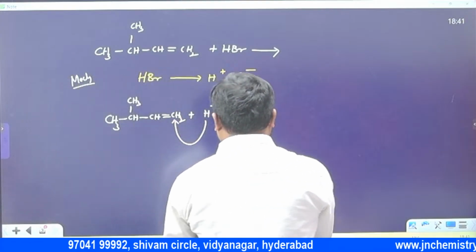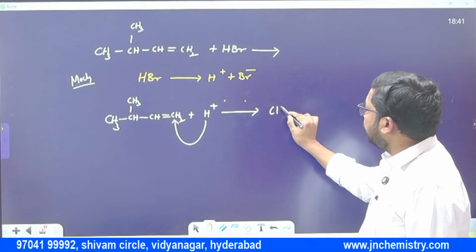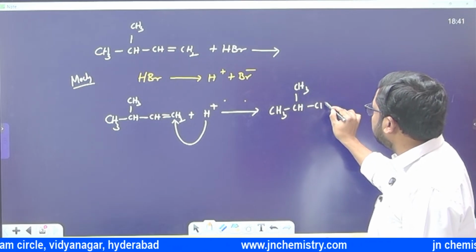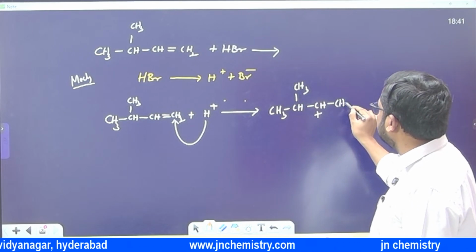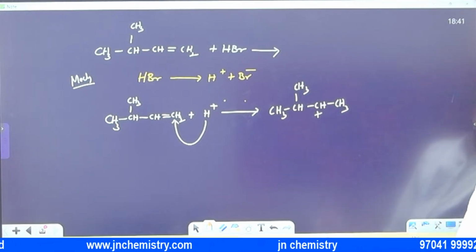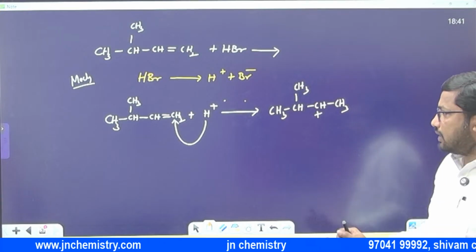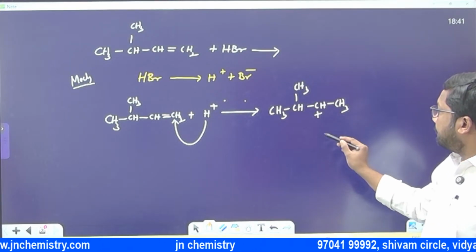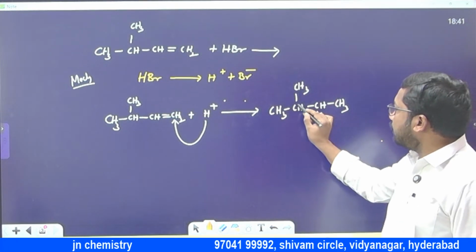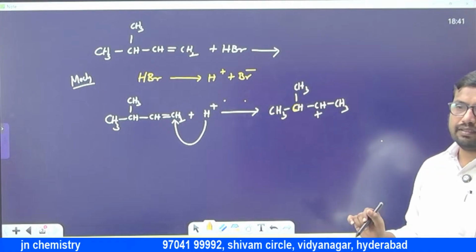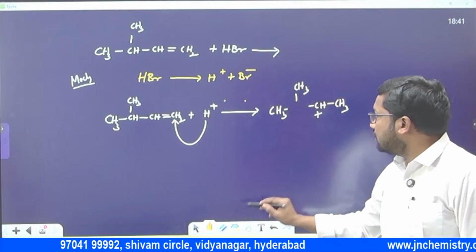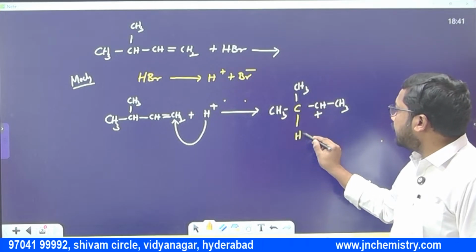So here I am writing the product. CH3, CH, CH positive charge, CH3. A 2 degree carbocation is forming here, right? Then rearrangement takes place now. This carbon is a 3 degree carbon, right? The hydrogen I am writing like this.